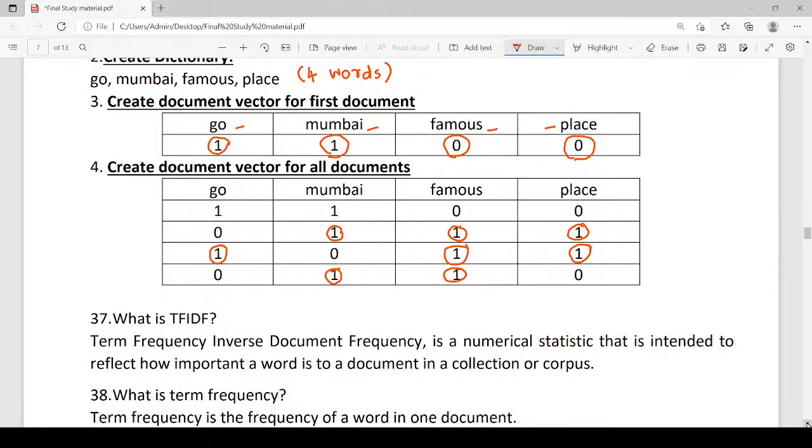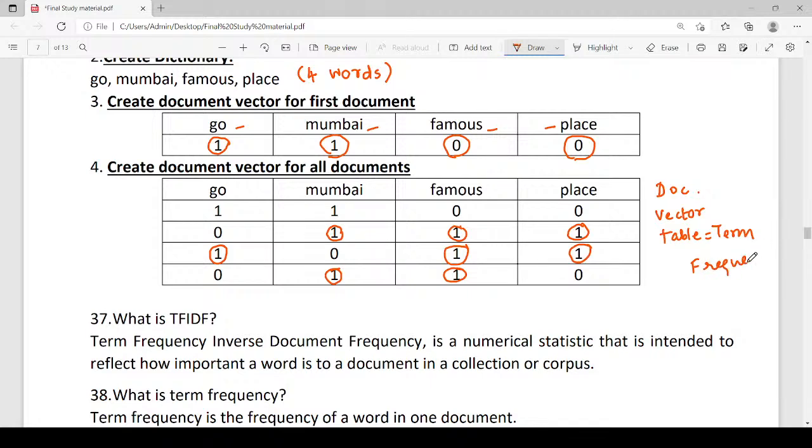So when you are going to begin with this particular term frequency, it is nothing but your document vector table. This is your document vector table, which is your term frequency table also. So your document vector table is equal to your term frequency table.